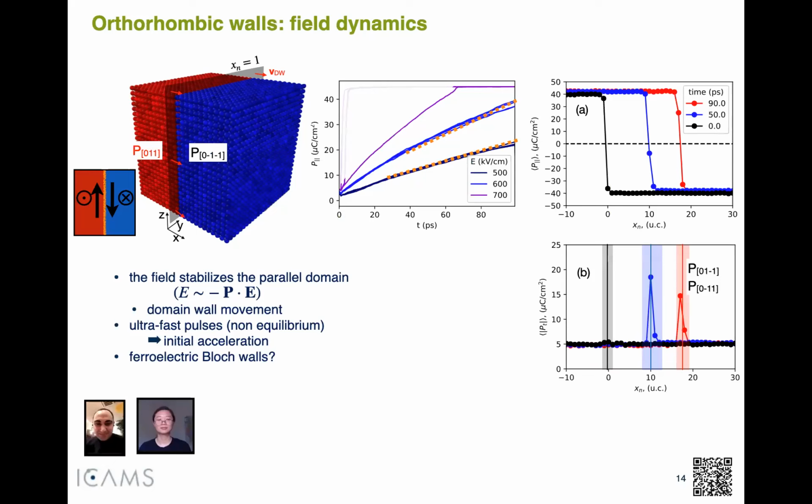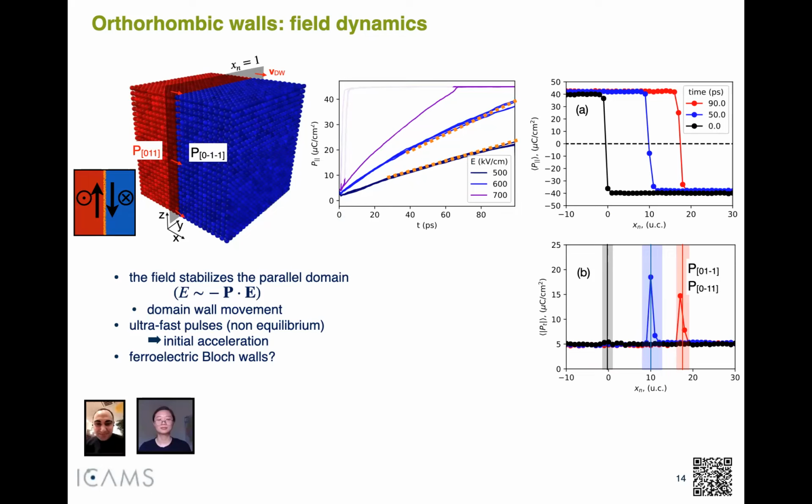Now, finally, let's come to the orthorhombic domain wall. So in principle, we have the same. We have a 180-degree domain wall here, but now we have two components of polarization, along [011] and [0-11] in this case. Initially, we assumed equidistant domain walls, so no net polarization at the beginning.